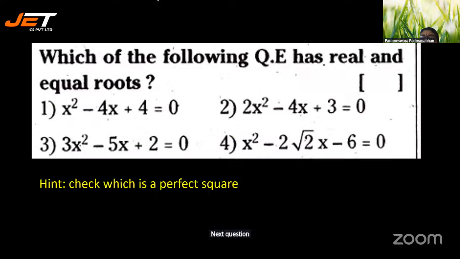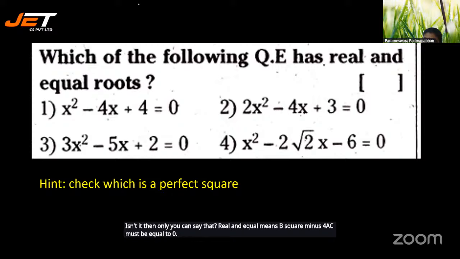Which of the following quadratic equations has real and equal roots? So we just have to check which is a perfect square. Then only you can say that real and equal means b square minus 4ac must be equal to 0.